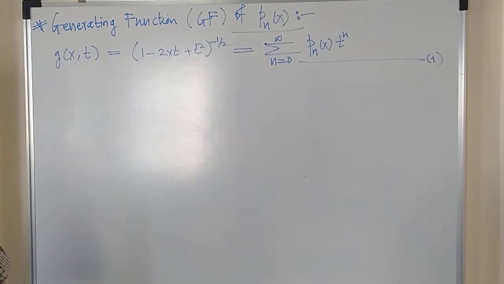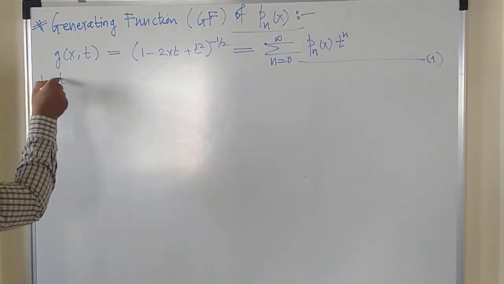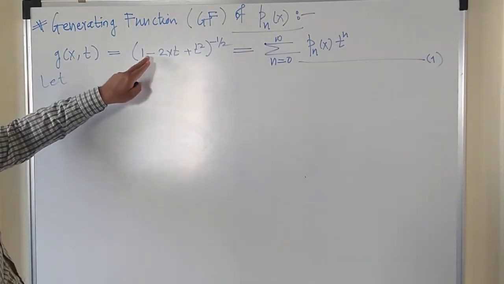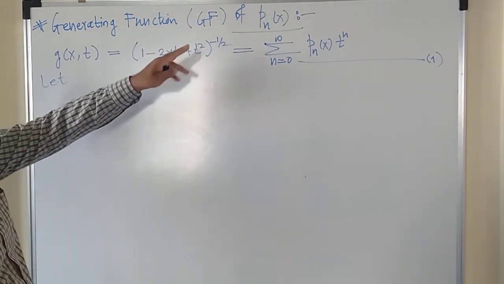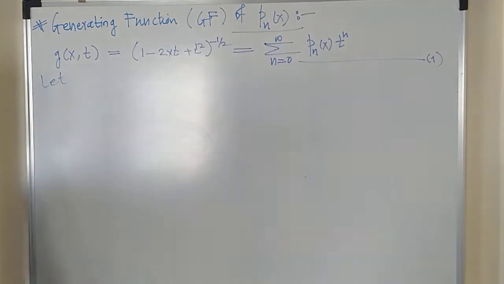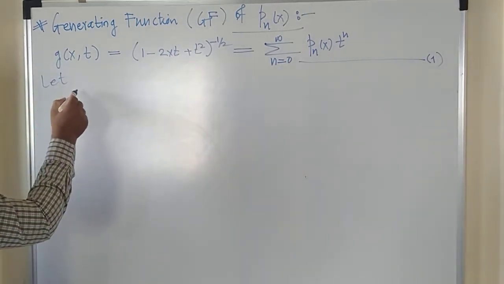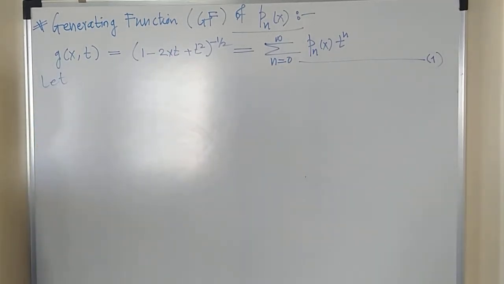Legendre polynomials. To obtain the Legendre polynomial, let us assume something so that I would be able to write this as a plus b or a minus b raised to power n. So let's assume that this term is equal to y. Let us say y is equal to 2xt minus t square.